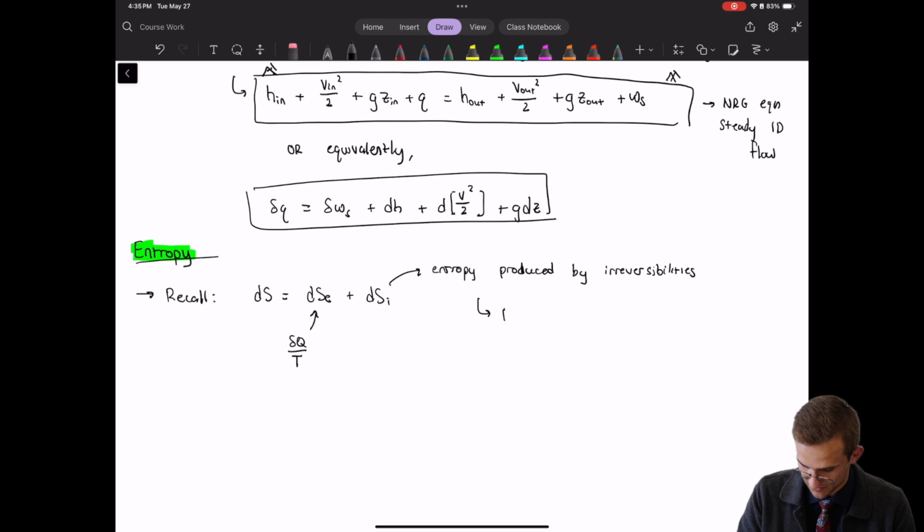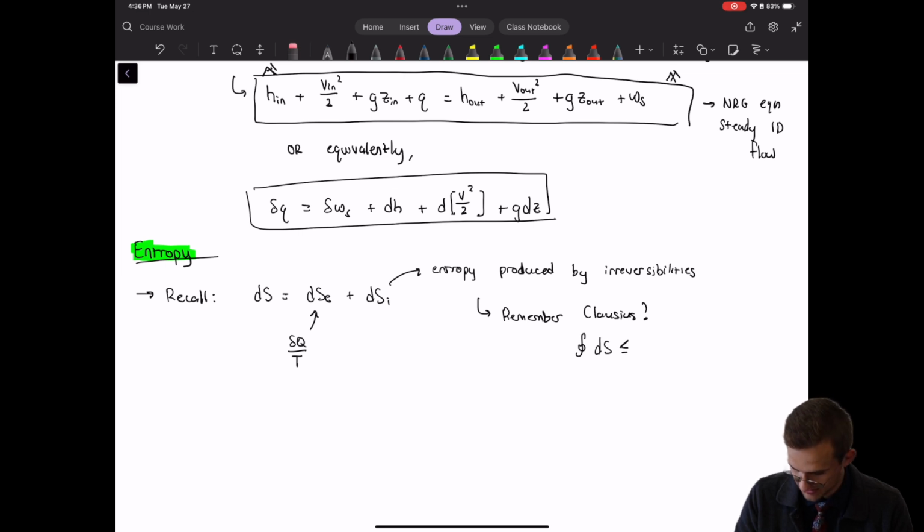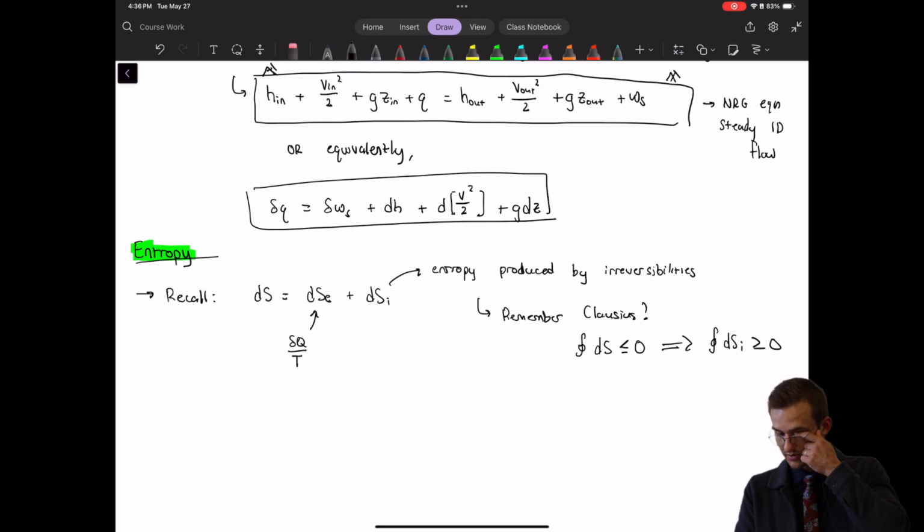You can take a moment and remember Clausius's inequality, where the total integral of ds is less than or equal to 0 for a closed process, and that's because we have that dsi is greater than or equal to 0, right?